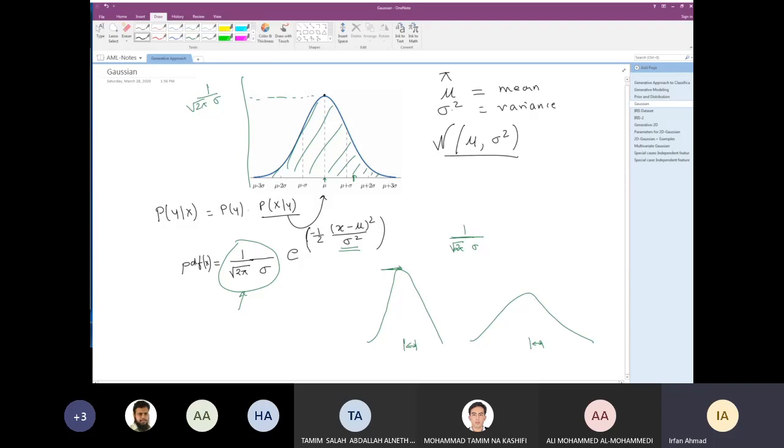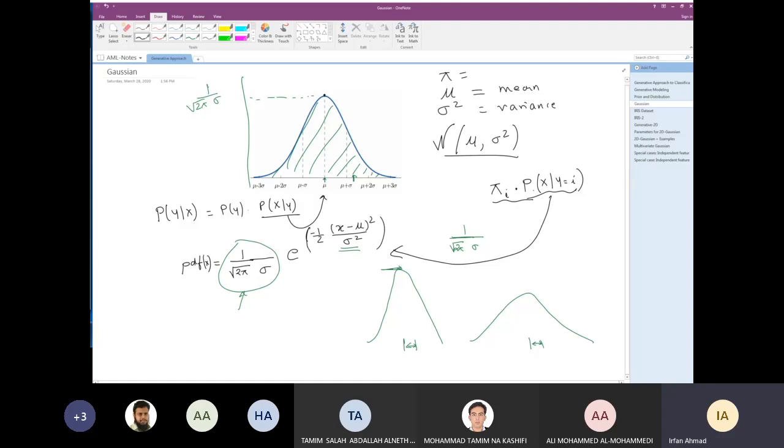Once you have a test sample, you use this equation. You find pi of class i times p of x given y equals class i, where pi of i is the prior, based on counting. Using this equation with the test sample x, you get the likelihood. You multiply these two, and you do this for all the classes.